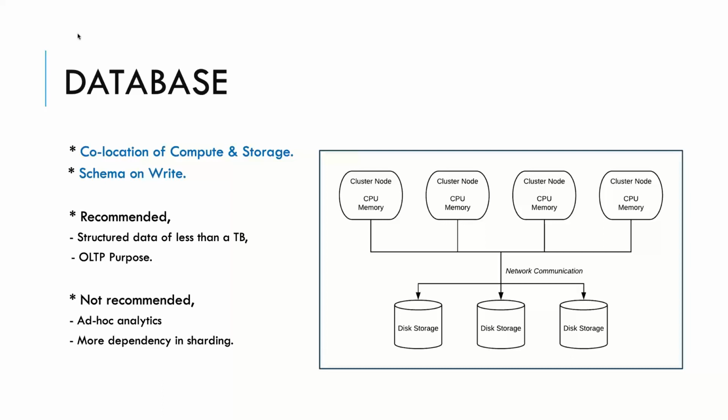And the other thing is schema on write. In very layman terms, in a database, we'll be able to store data only after creating a table. Okay, that is, you need to create a table with a schema.